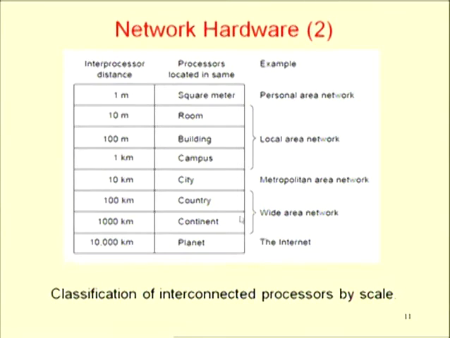So the widest network among all these examples is nothing but the internet, and that internet is spanning across the planet earth. So this was the classification of interconnected processors by scale.